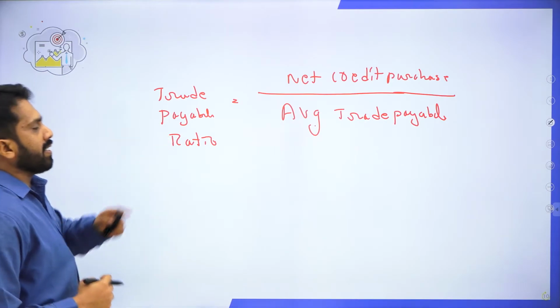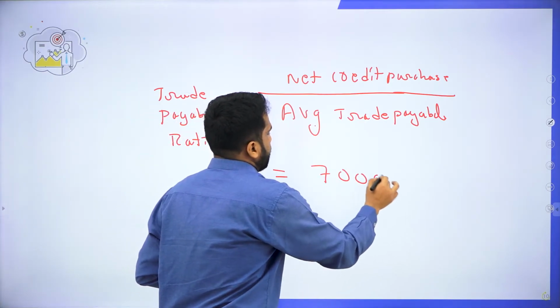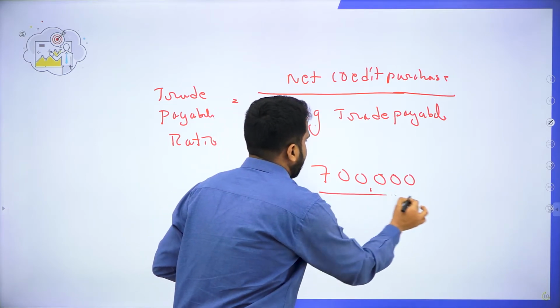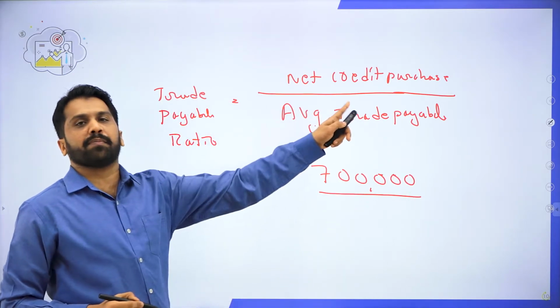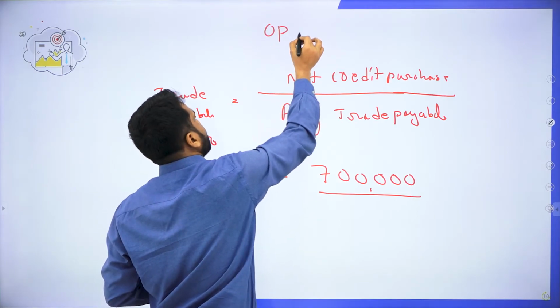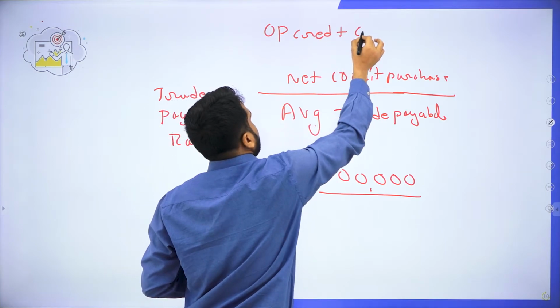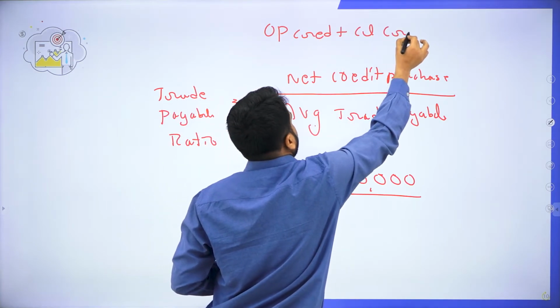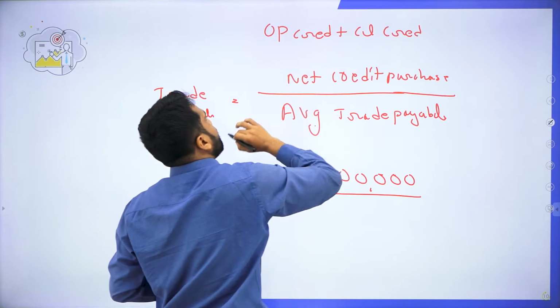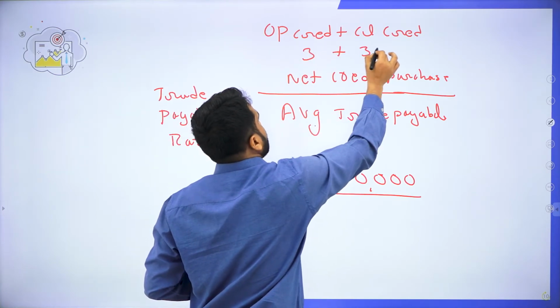We'll go to your answer. Net credit purchase we already got, it is 7 lakh divided by average trade payable. The formula is opening creditors plus closing creditors. Opening creditors how much? 3 lakh. Closing creditors how much? 3 lakh.